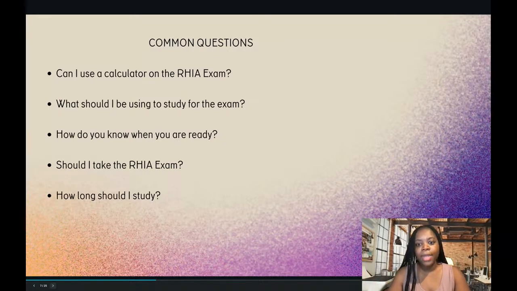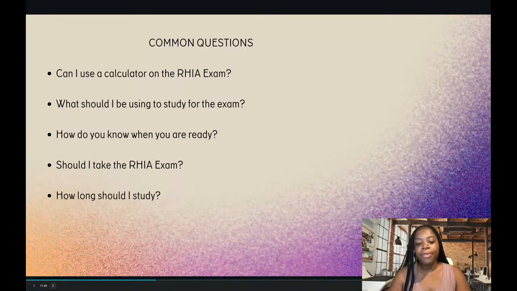Why? Because that book is going to help you first see the language that is used to test you for this exam, and two, you'll get an idea of where you are when it comes to readiness for the exam.